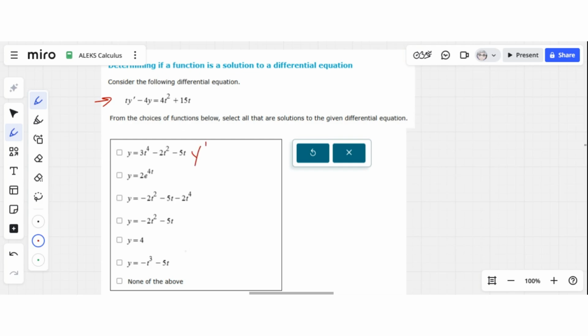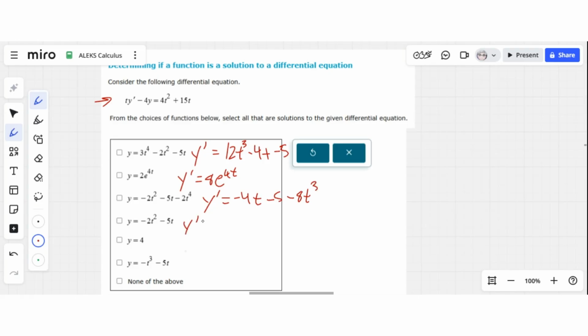So let's see, this would be 12t to the third minus 4t minus 5. And I'm going to be very careful here to review my work and make sure I'm not making mistakes. Hopefully that'll be the case. This is going to be 8e to the 4t. And then this one is going to be negative 4t minus 5 minus 8t cubed.